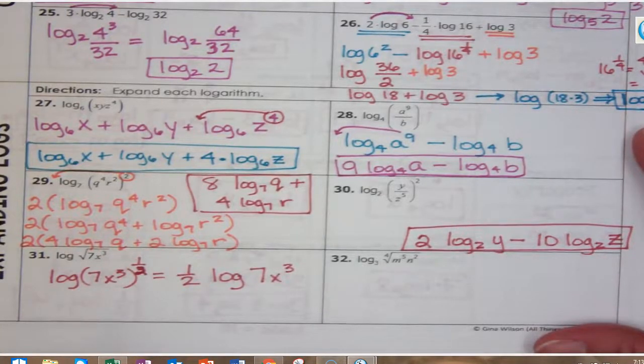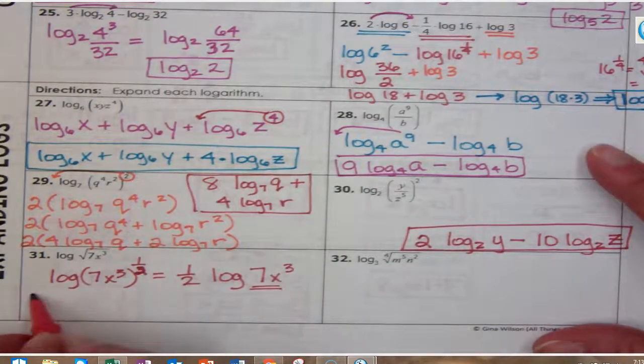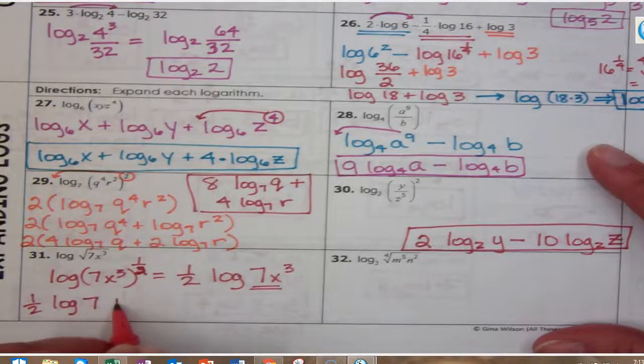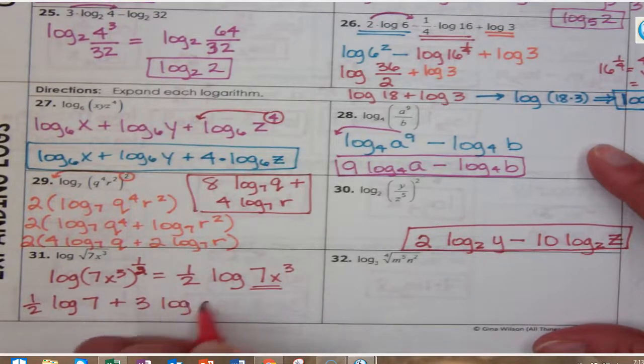Hopefully you're able to get this. If you didn't get this, that square root is to the 1/2 power. But now I still need to expand this. So 1/2 log 7 plus 3 log x.